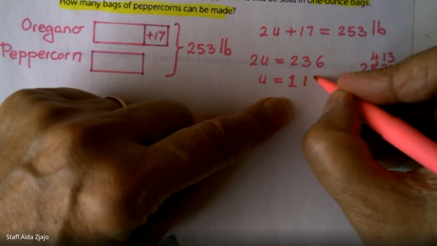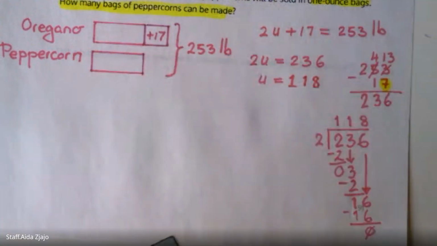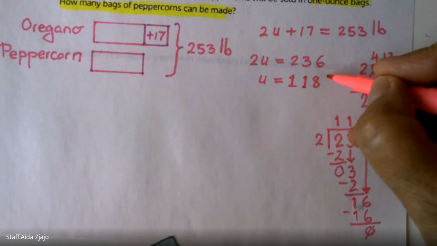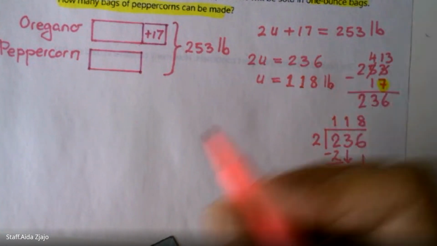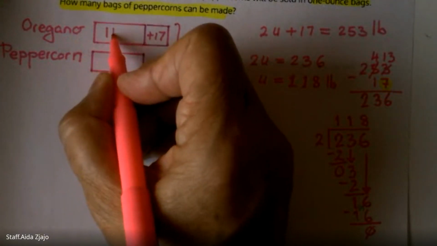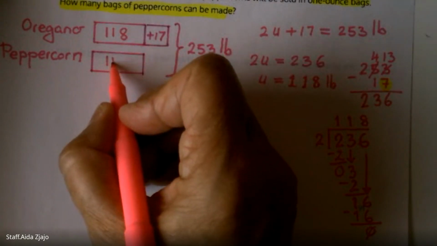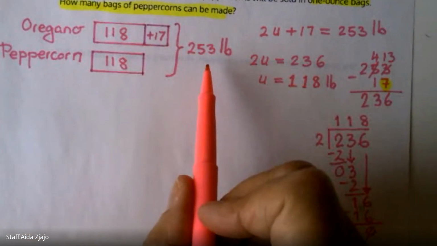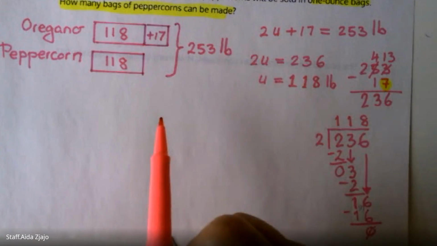That is, if you do it mentally, half of 236. So 1 unit is 118 pounds. Okay, because when we check, 118 plus 118 plus 17 is equal to 253 pounds.